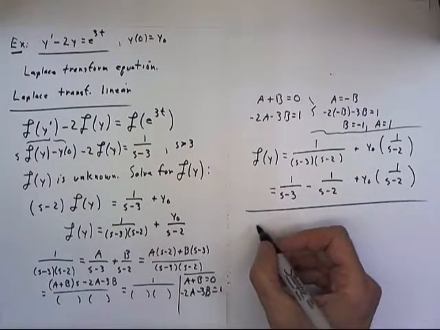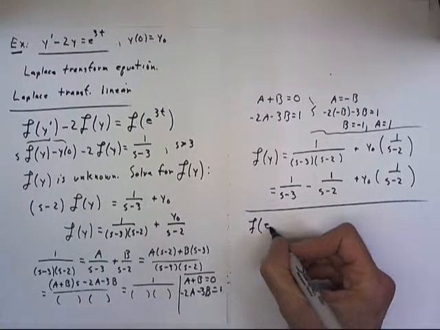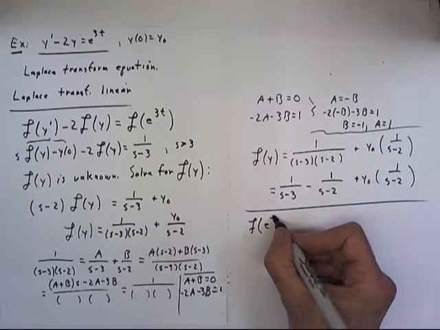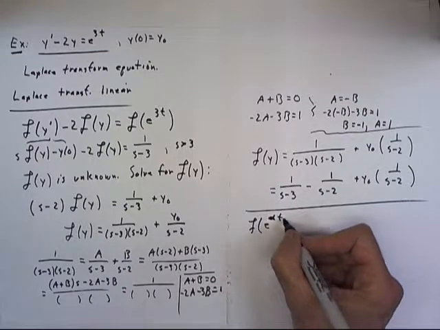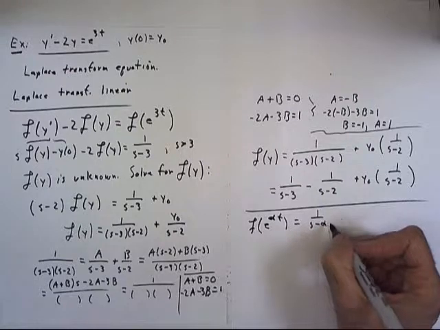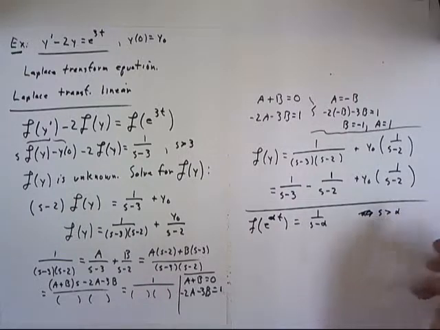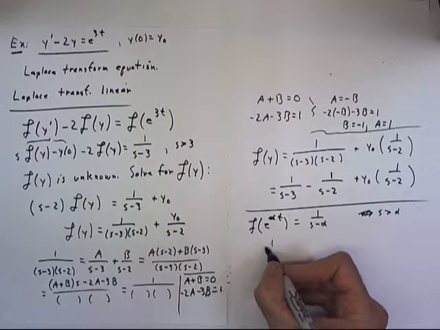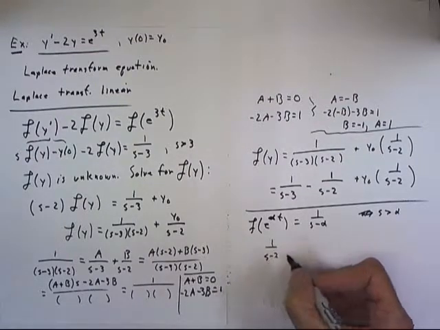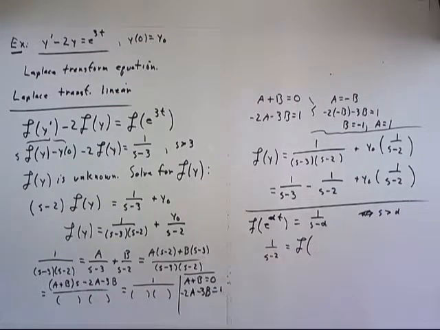Now recalling that the Laplace transform of e to the alpha t is 1 over s minus alpha, for s greater than alpha, 1 over s minus 2 must be the Laplace transform of what?